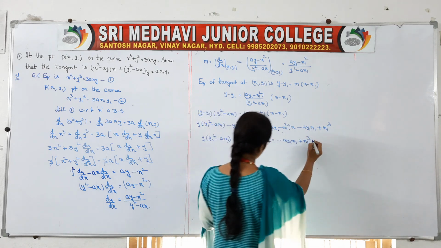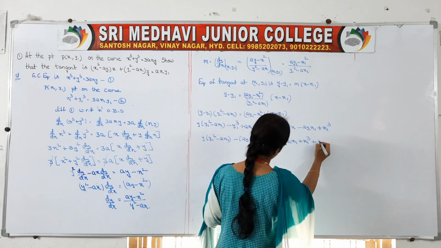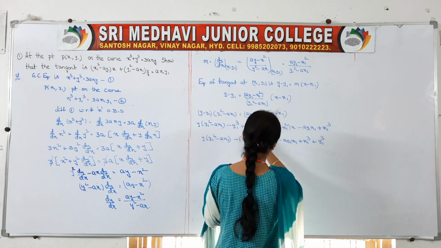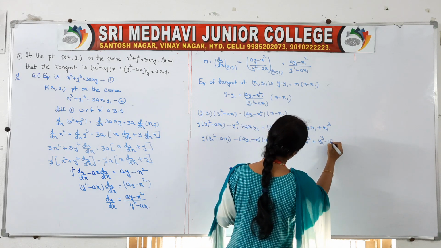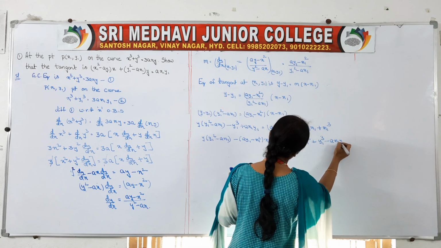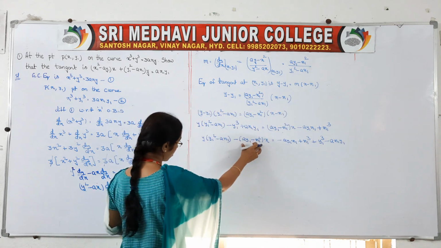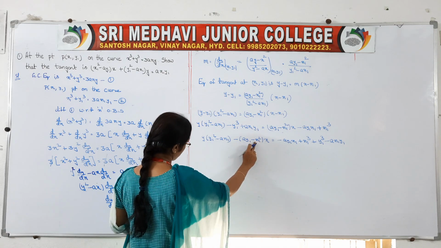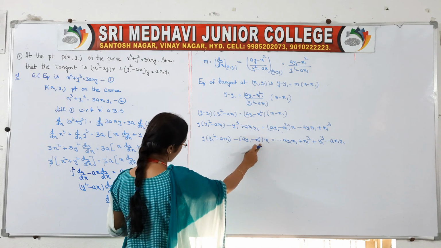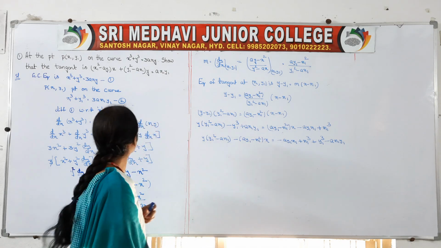Sending these values, minus becomes plus y1 cube, this plus becomes minus ax1y1. So first we have to write the x terms. So minus becomes minus of minus, plus, plus becomes minus.